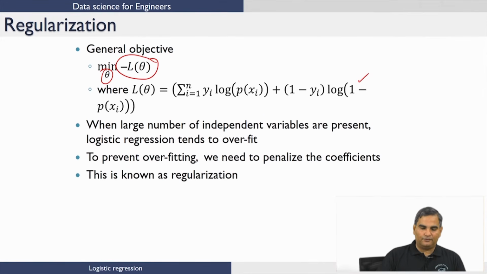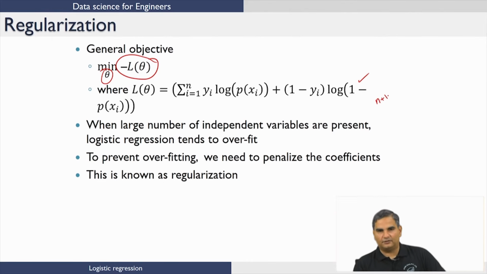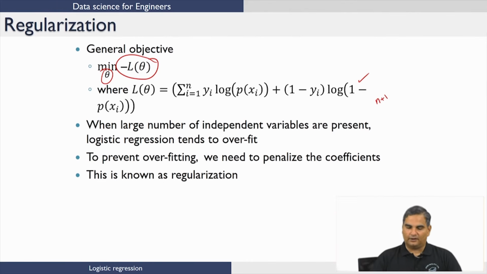Now, if you have n variables in your problem, or n features or n attributes, then the number of decision variables that you are identifying is n plus 1. So, one constant for each variable and a constant.